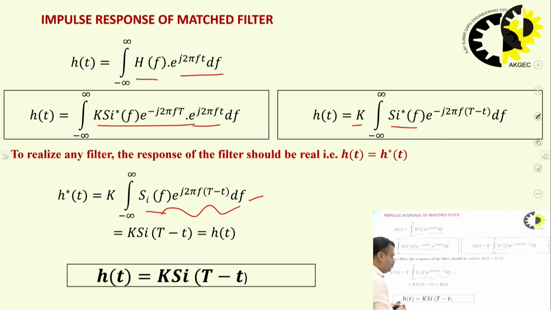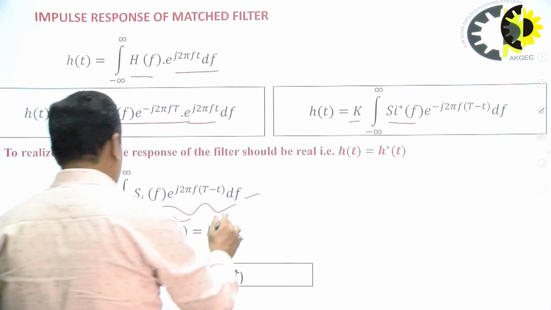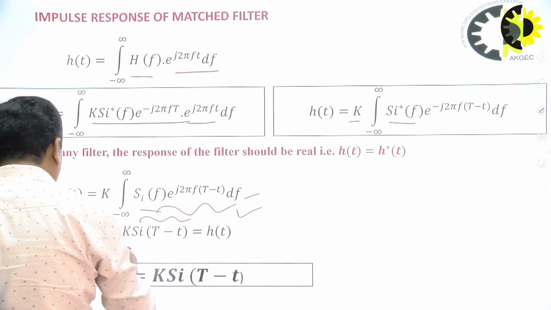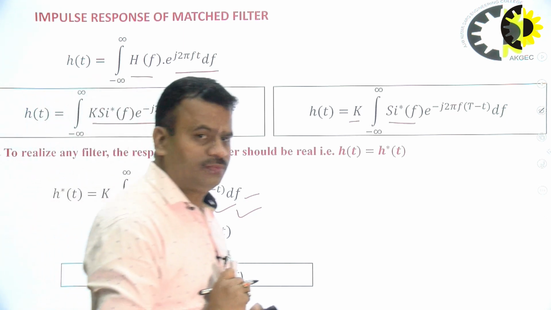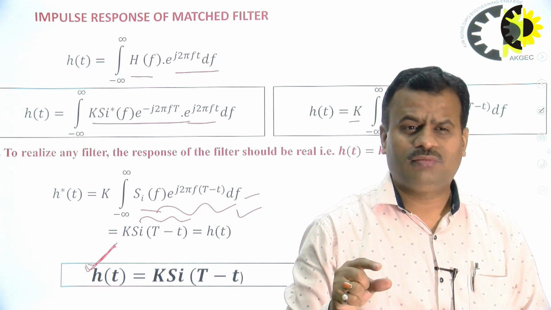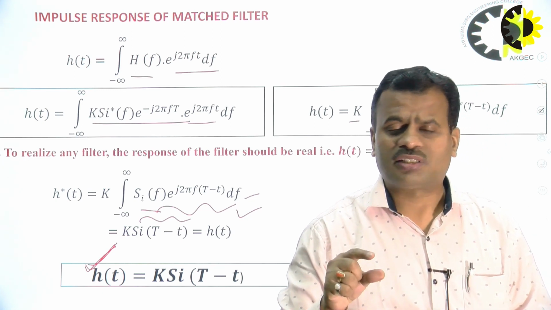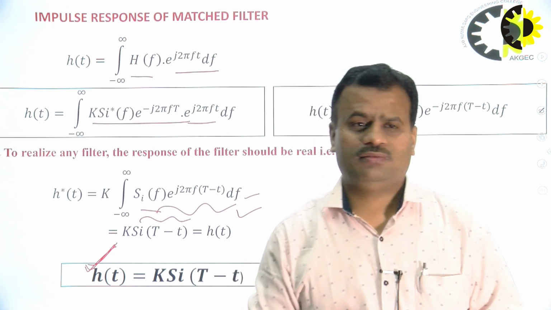If you understand the Fourier transform, by the shifting property it will convert into k into Si(T minus t) equal to s(t). So this is the final formula of the impulse response of the matched filter. That will be in terms of your input shifted signal, capital T minus small t. Okay.